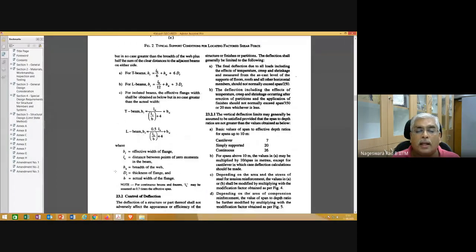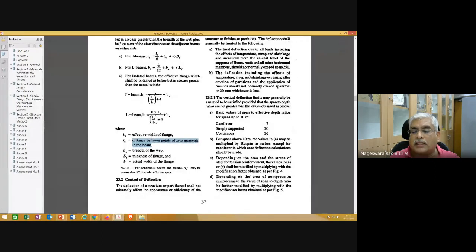Okay, L naught is the distance between points of zero moments in the beam. Points of zero moments are nothing but points of contraflexion, where the bending moment is going to change from positive to negative. It is given on page 37 of the code book.